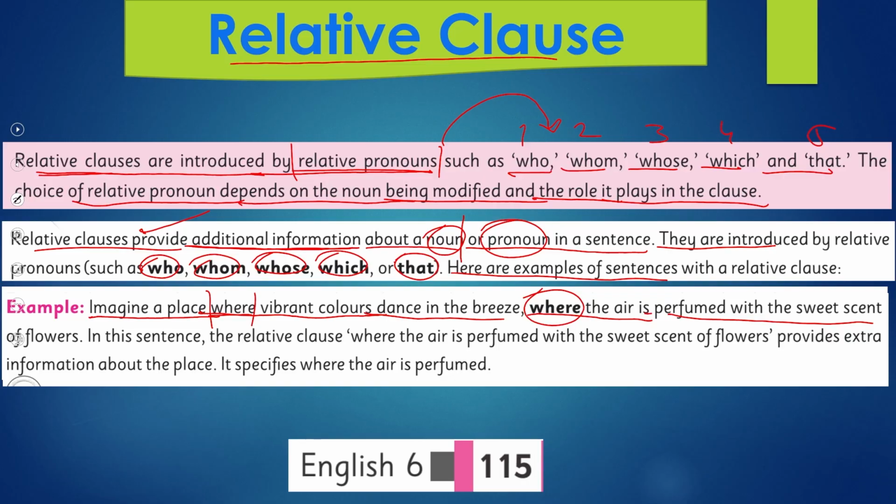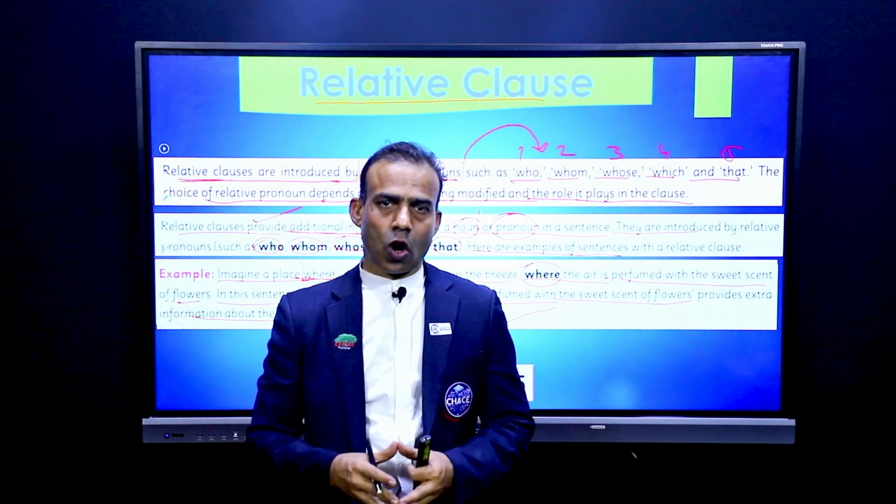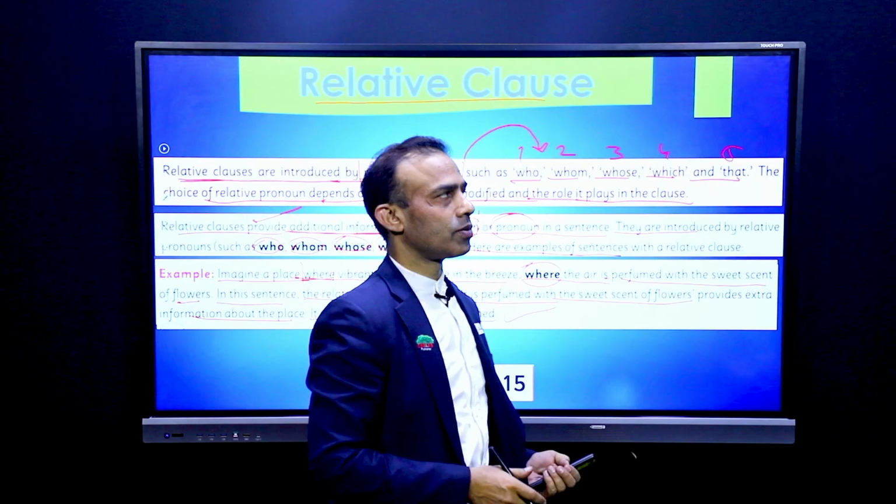In this sentence, the relative clause where the air is perfumed with the sweet scent of flowers provides extra information about the place. It specifies where the air is perfumed, right? So, this is all about relative clause. Now, let's move to the next slide.